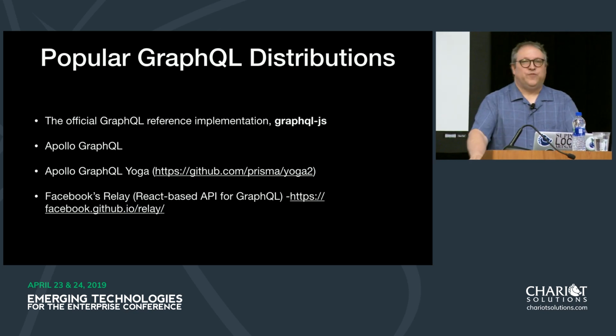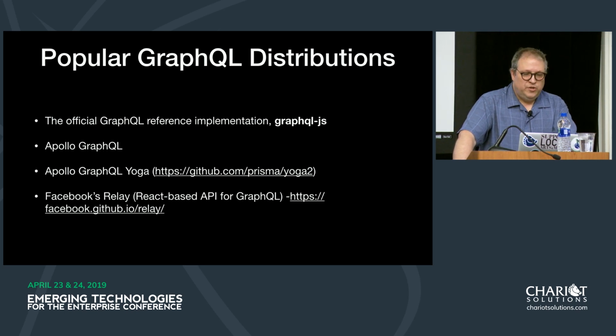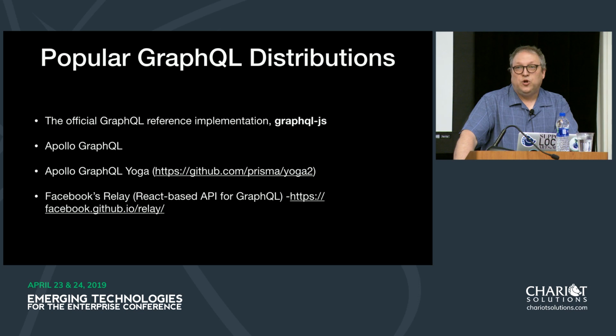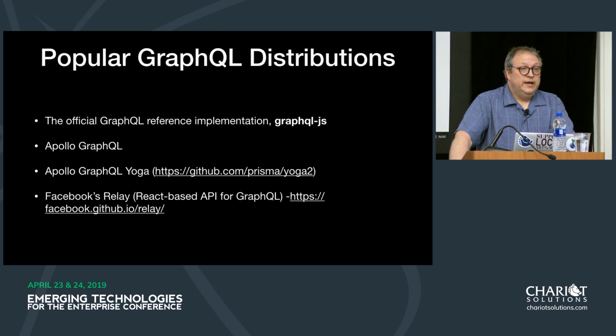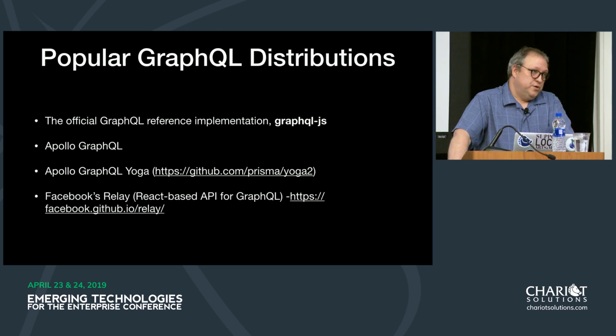Then I got really excited for a while that there was this great API that just worked. Apollo has a project out there called Yoga. And Yoga is a really nice convention over configuration, get started in 5 lines of code thing. So it was alluring. It seemed to work to a point.